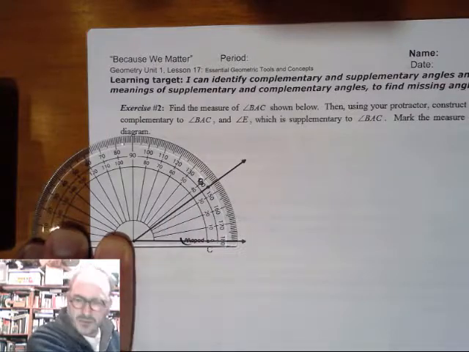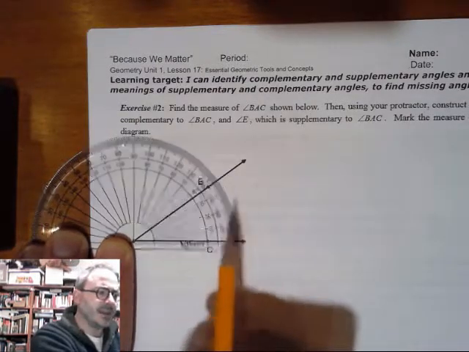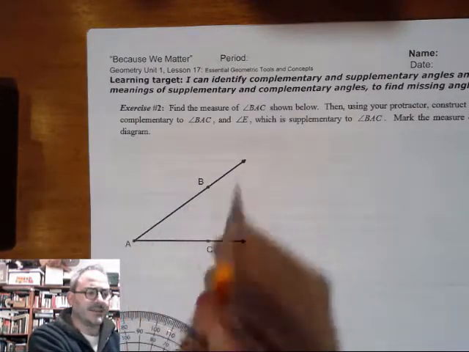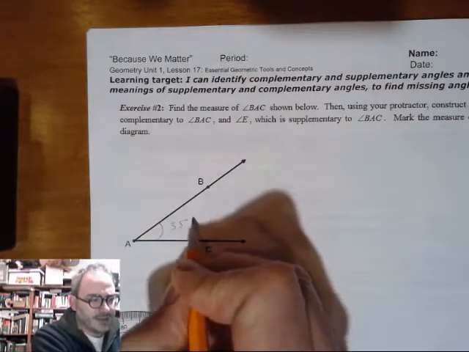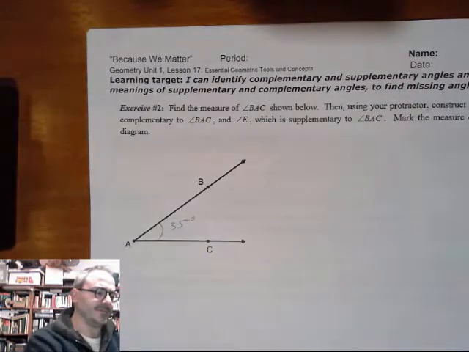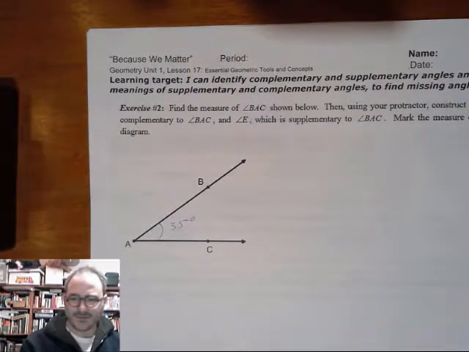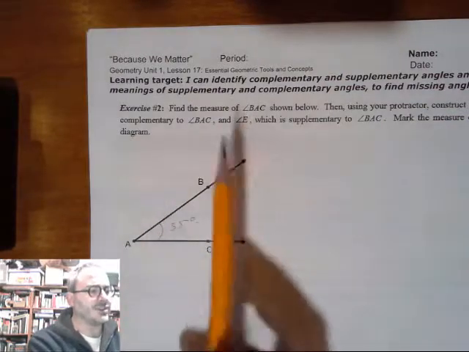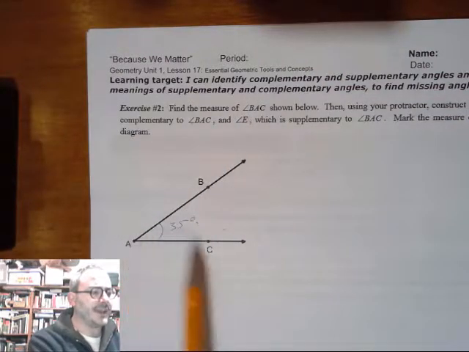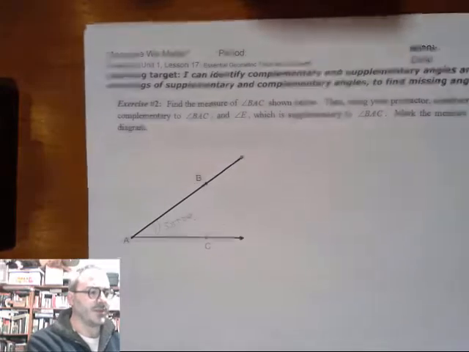I have to interpret my protractor to decide which is which. I look at this and say, oh, that's an acute angle. This must mean the protractor is telling me this is 35. We have to interpret what the protractor is saying, because the protractor is measuring angles from two different directions. Okay, so we found the measure of angle BAC as 35 degrees with our protractor.